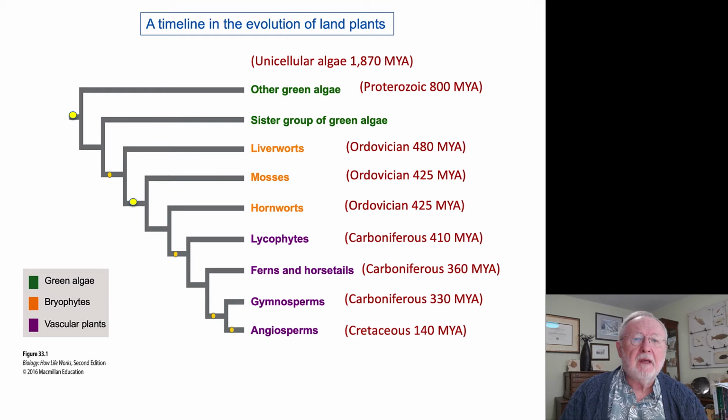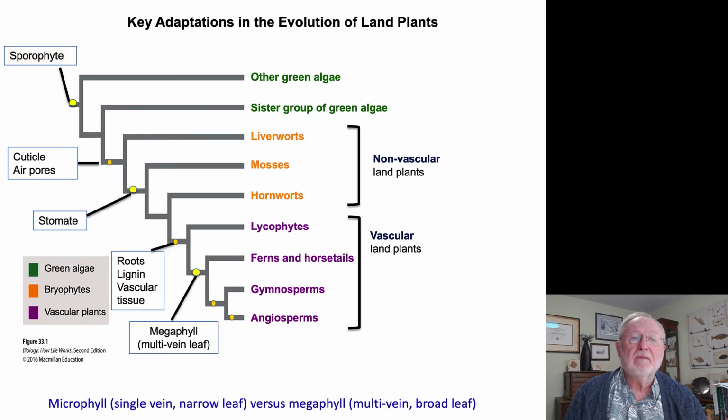So now if we begin to look at the evolution of land plants, we find that as we move beyond the hornworts and get into what are called the lycophytes, the ferns, the gymnosperms, and the angiosperms, that at about this time here, about 400 million years ago, we began to see vascular plants.